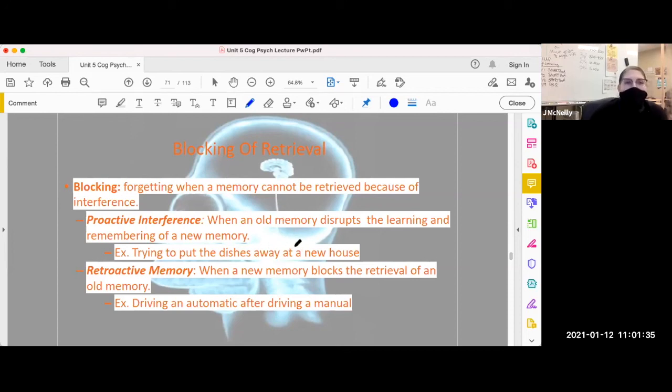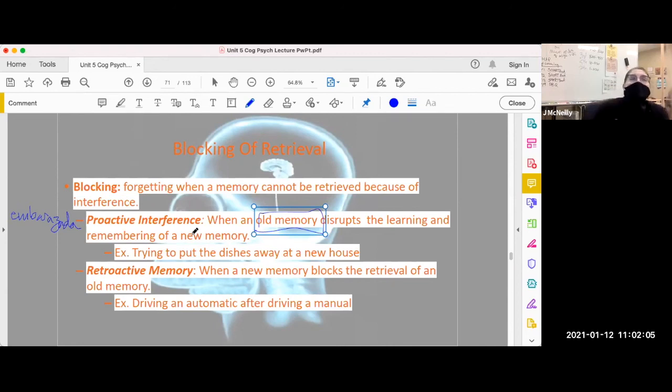Or in terms of learning a second language, there's a lot of proactive interference with that. For instance, I'm a native English speaker, but I spent a few years learning Spanish. So when I came across the word embarazada in my studies, I already had an old memory, the English word, the cognate, embarrassed. There are a lot of cognates in Spanish where it's like, oh, familia, family, they're pretty much the same word.